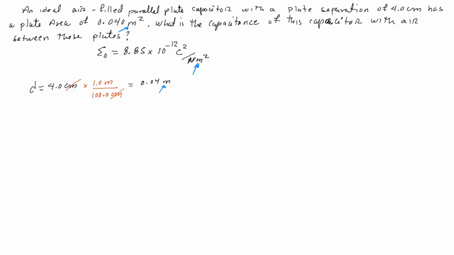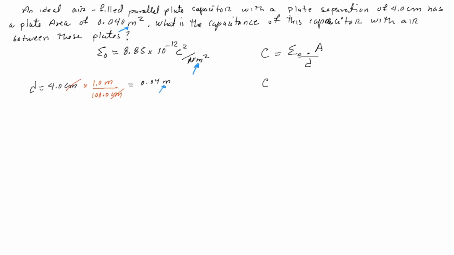Now, what do we know? We know that the capacitance is the permittivity of free space times the area divided by the distance.